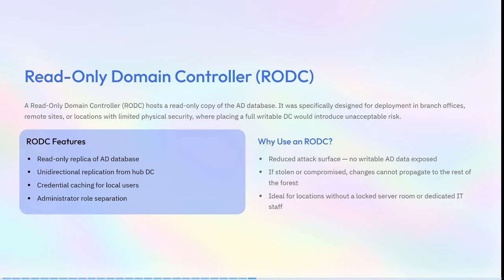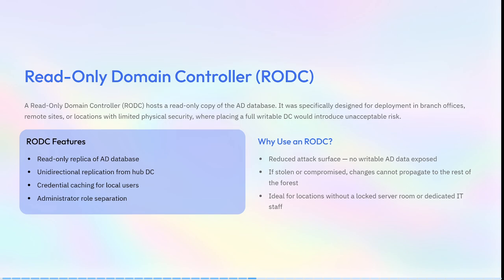The read-only domain controller features are: read-only replica of the AD database, unidirectional replication from the hub DC, credential caching for local users, and administrator role separation. Means for that admin there is no need to give full rights, no need to give permissions, because this is a read-only domain controller.